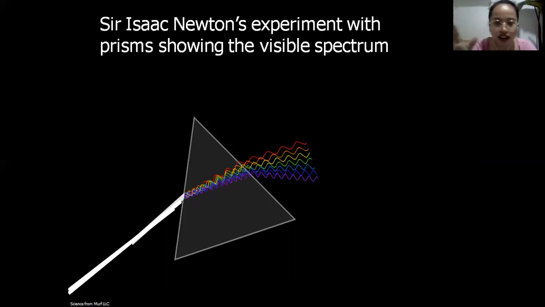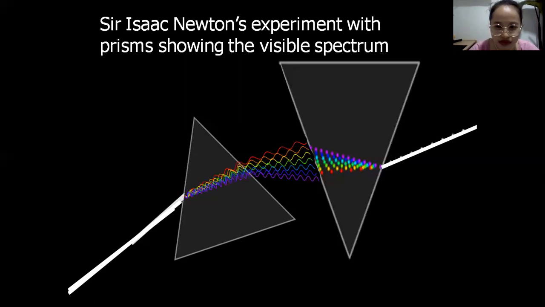Later on, you can see a small portion of a rainbow. You can try that one at home. But if you want an easier way, if you have a prism, you can use the prism so that you can easily see the rainbow or the visible light.